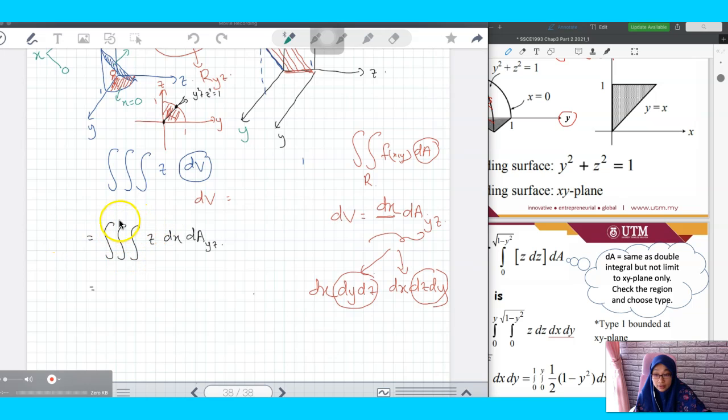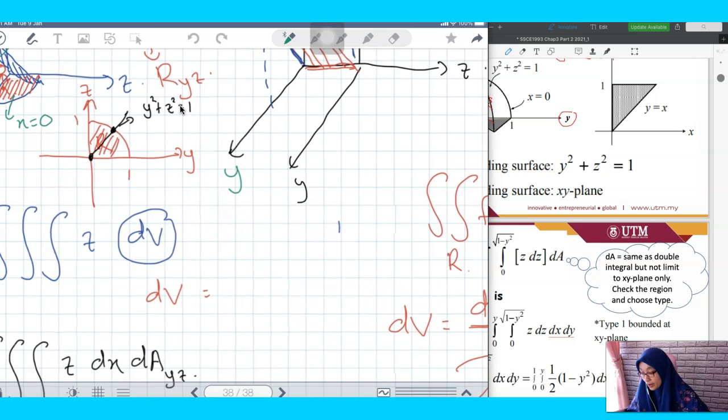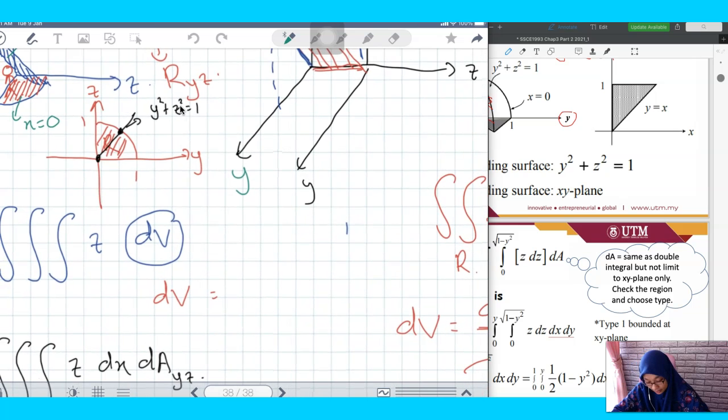So for the last 2 integrations, which is your dA, you just look at the region. For dy dz or dz dy, you just look at your region on the zy plane. And now let's say we decided to have z constant.